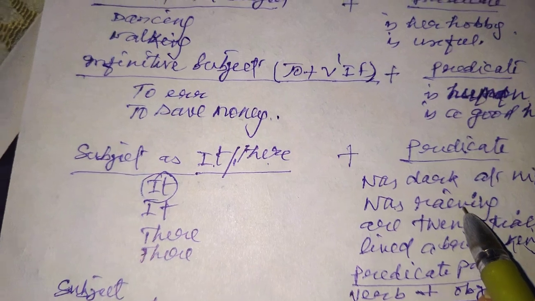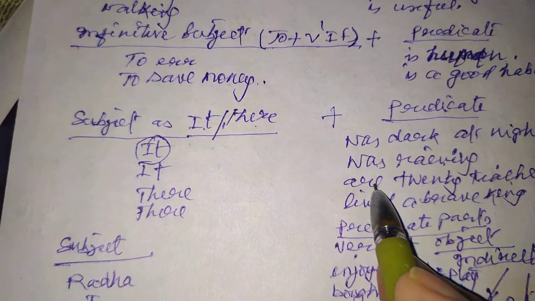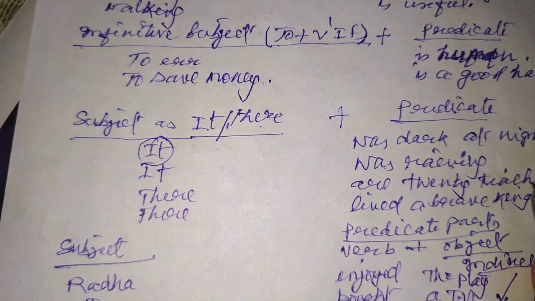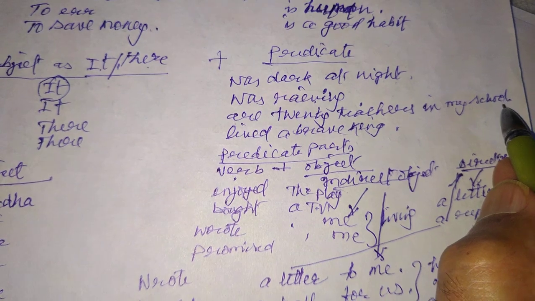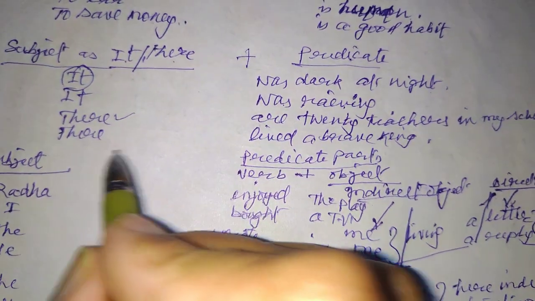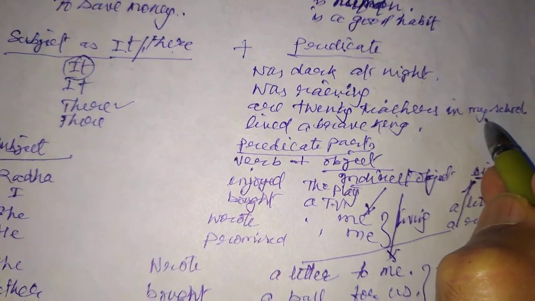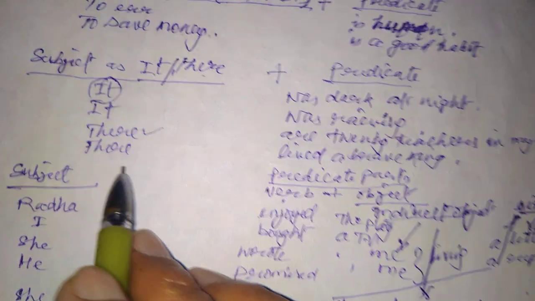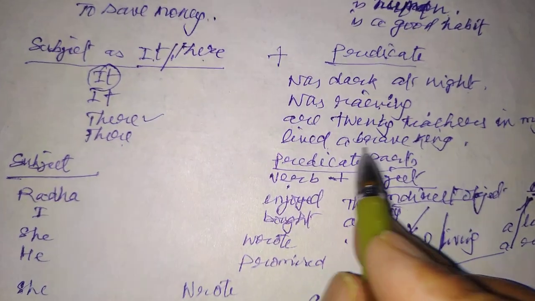Another example. There are 20 teachers in my school. There subject ho gaya. Are 20 teachers in my school, predicate ho gaya. Another example. There lived a brave king.